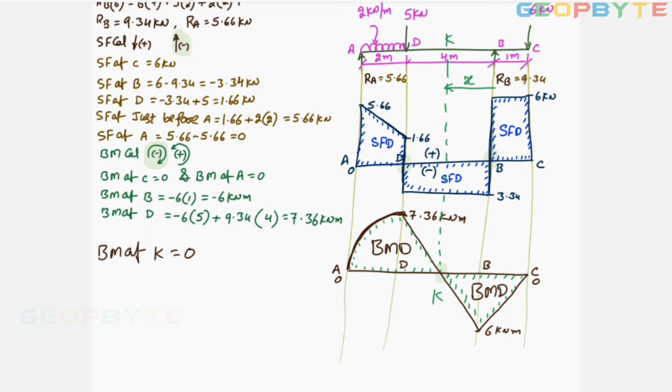Now let us find the bending moment at K. Minus 6 into (1 plus x), that is the moment due to the 6 kilonewton load at the free end, plus the moment due to reaction, 9.34 into x. We took the positive sign for the reaction because it is developing an anti-clockwise moment, which is taken as positive. It is minus 6 into (1 plus x) plus 9.34 x equal to 0.